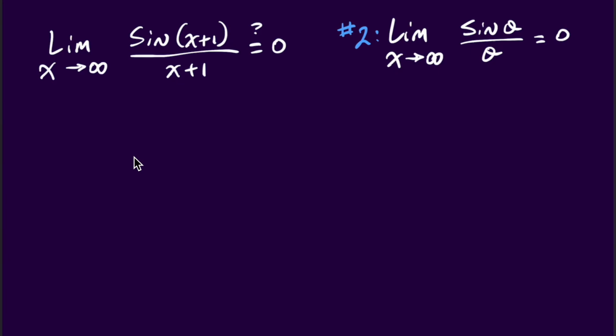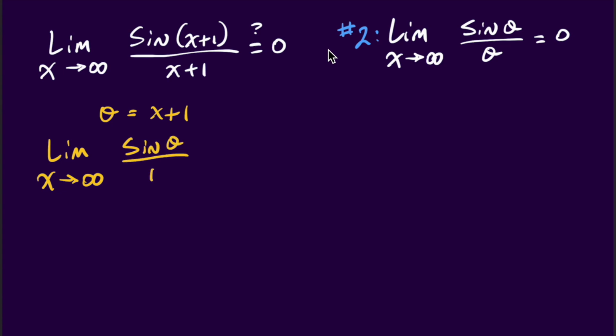Let's next investigate classic limit number 2, where we have the limit as x approaches infinity of sine of x plus 1 divided by x plus 1. So the argument matches the denominator. This is the classic limit. Does this equal 0? Let's let theta equal x plus 1. Let's rewrite this limit as x approaches infinity, sine of theta divided by theta. We can't work with the x, we have to change that to theta.